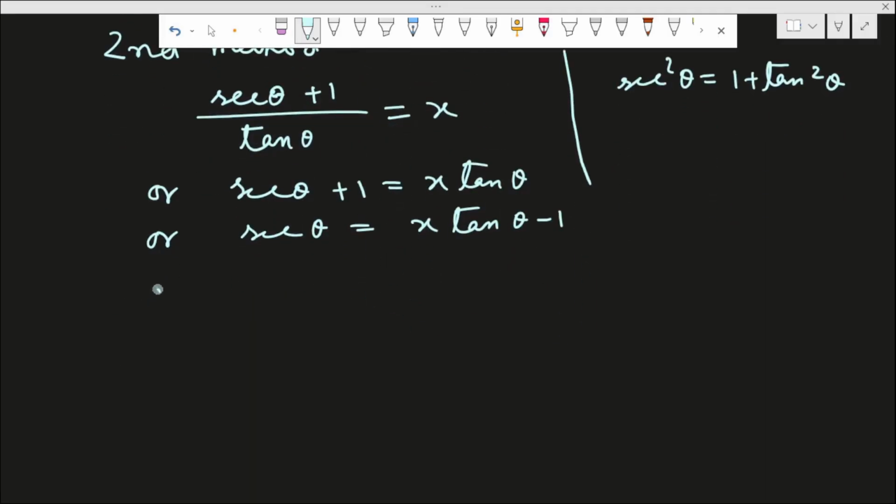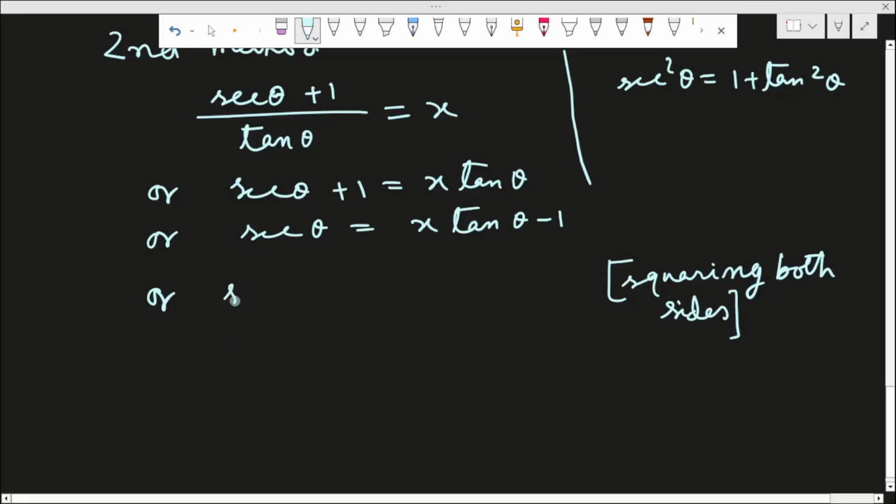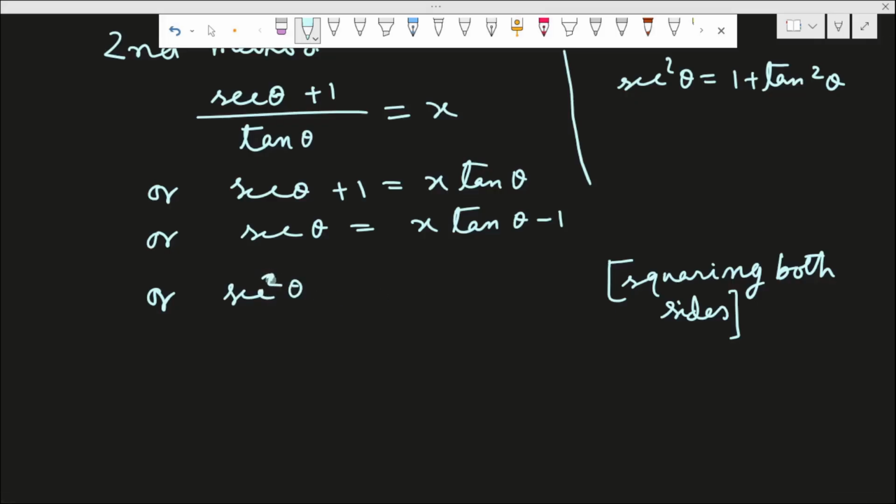Now to get sec square theta, squaring both sides, we have left hand side sec square theta, right hand side is equal to directly squaring, x square tan square theta minus 2x tan theta plus 1.